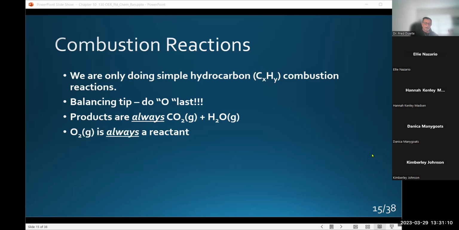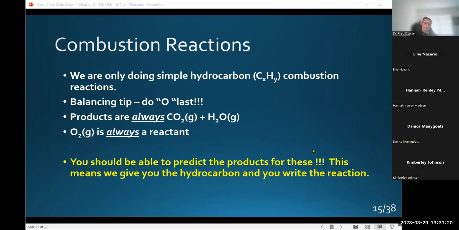Always remember that oxygen is always a reactant, and the only 2 products that you're going to get are carbon dioxide and water. Okay. All right, so let's do one real quick. Let's do 1, 2, 3, 5.